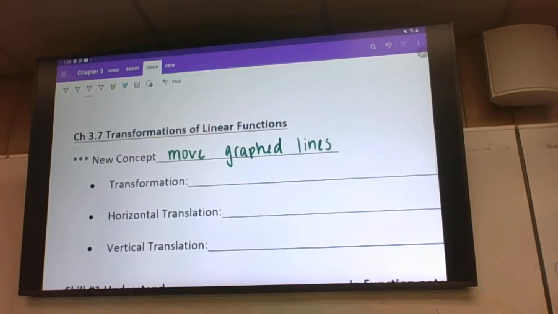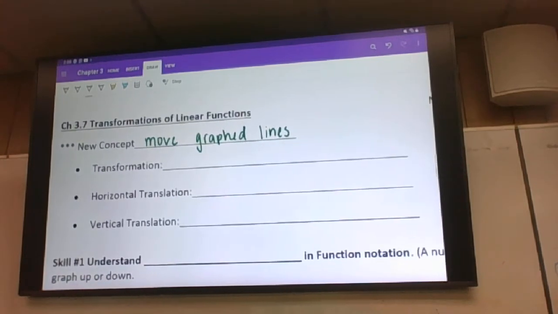We want to actually move graph lines today. So you're gonna have a line and you're gonna be given certain vocabulary or clues in an equation and asked to move it. A lot of it is understanding function notation. So I want you to be real quiet and real patient as we move through the examples.